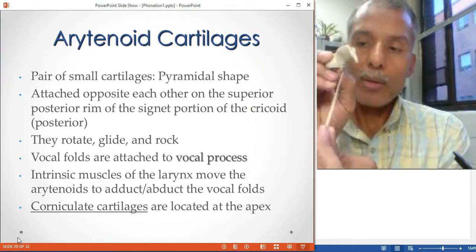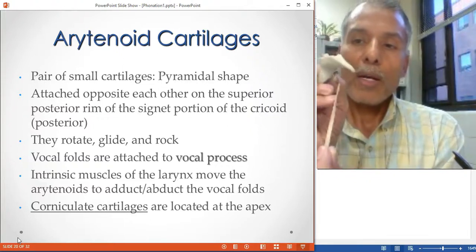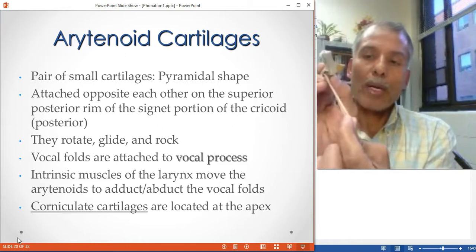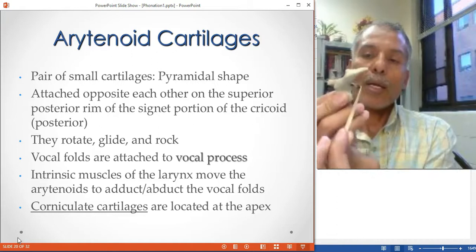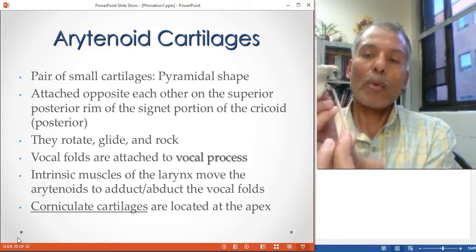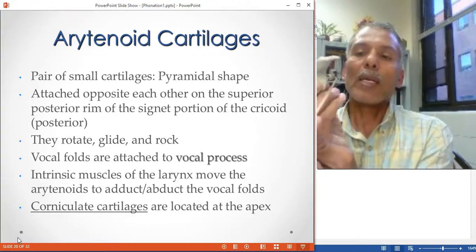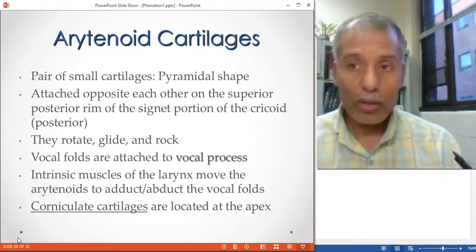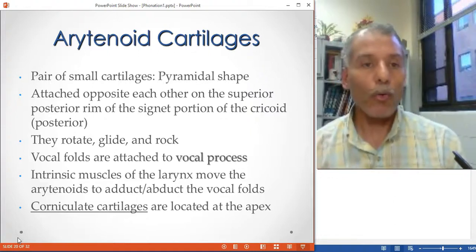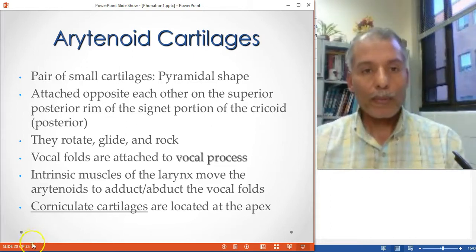So you twist it, and you swing the vocal fold to the midline to close, swing it the other way to open. Imagine another one on the other side. When both of them come like this, they close. When both of them swing like that, they open. And muscles do that. Cartilages cannot move on themselves. Bones cannot. You have to have muscles attaching to them.